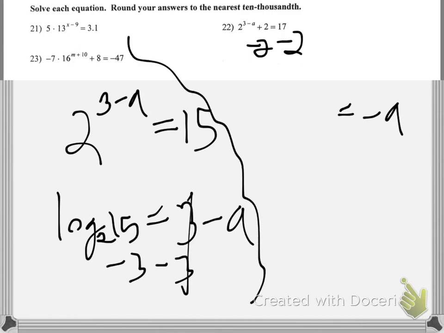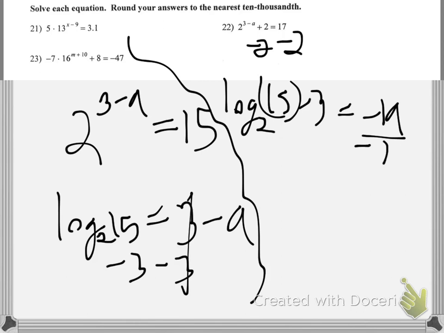Showing you the whole thing. Don't forget now we have log base 2 of 15 take away 3, but it equals negative a. So once you're all done with that, you might want to divide by a negative 1 to get the a by itself.